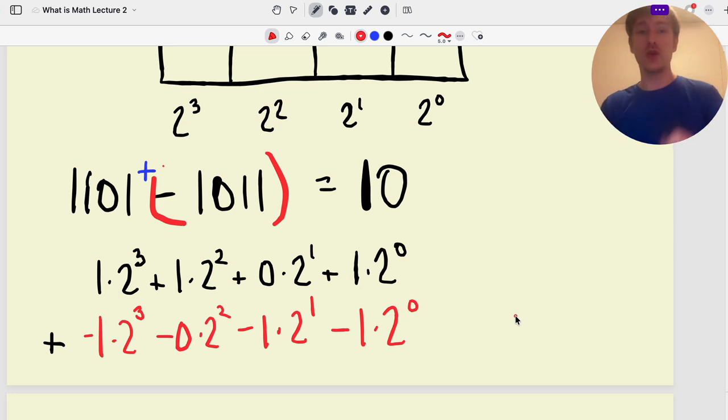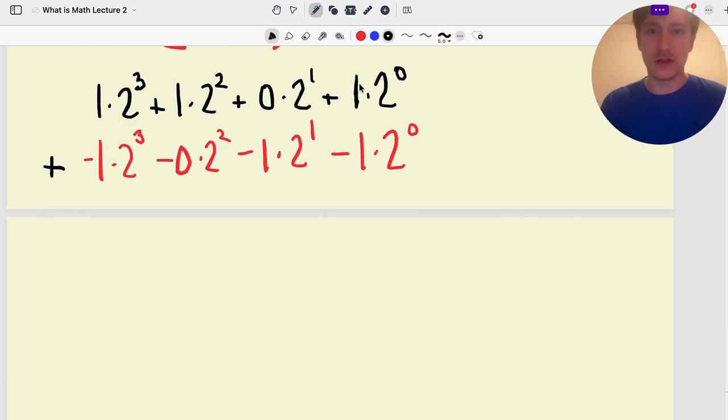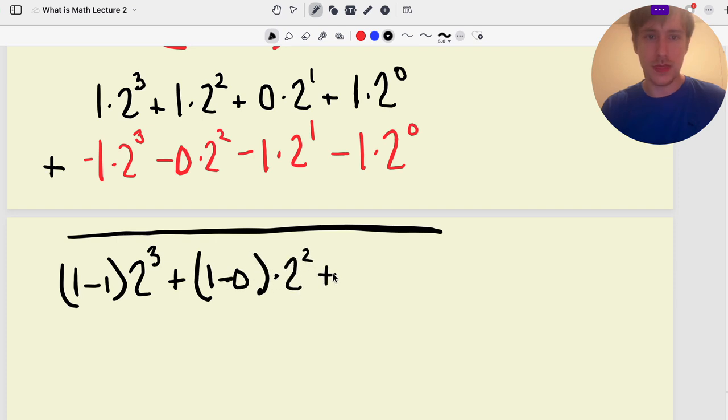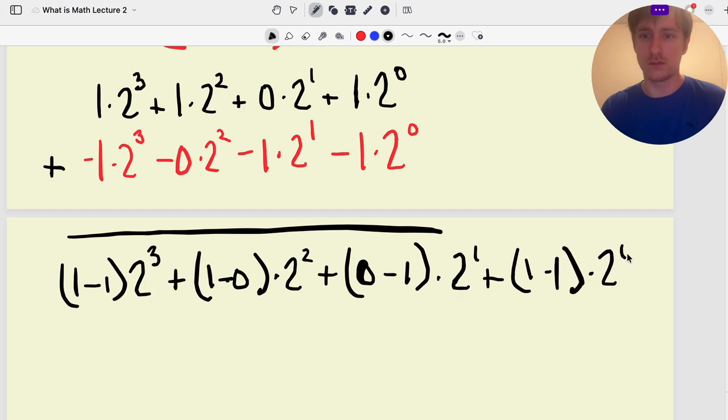And when I add all of those together, using the distributive law, if I combine this, I'm going to have 1 minus 1 copies of 2 cubed plus 1 minus 0 copies of 2 squared plus 0 minus 1 copies of 2 to the first plus 1 minus 1 copies of 2 to the 0. Well, clearly this is 0, this is 0, so those cancel, and then I'm left with this.